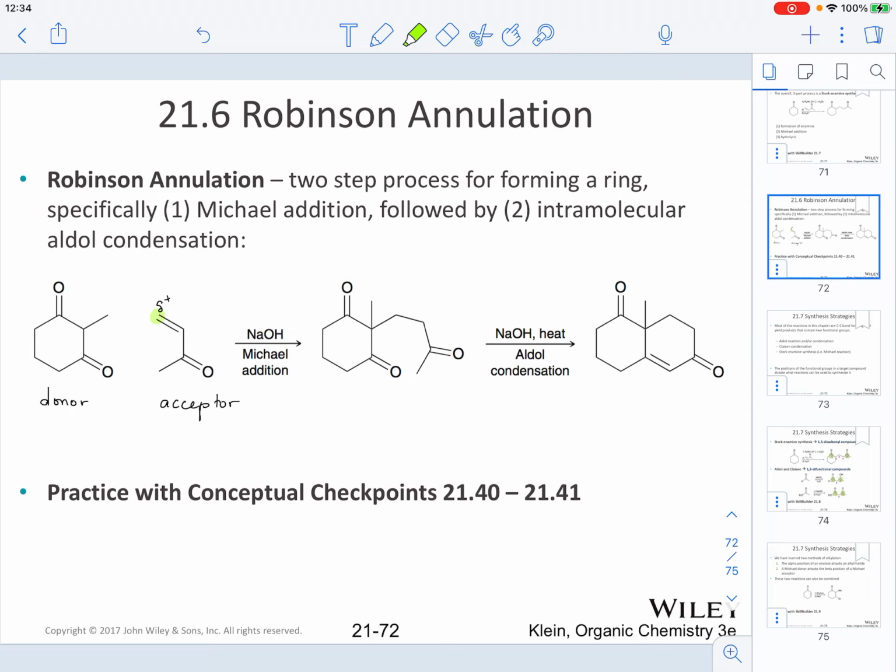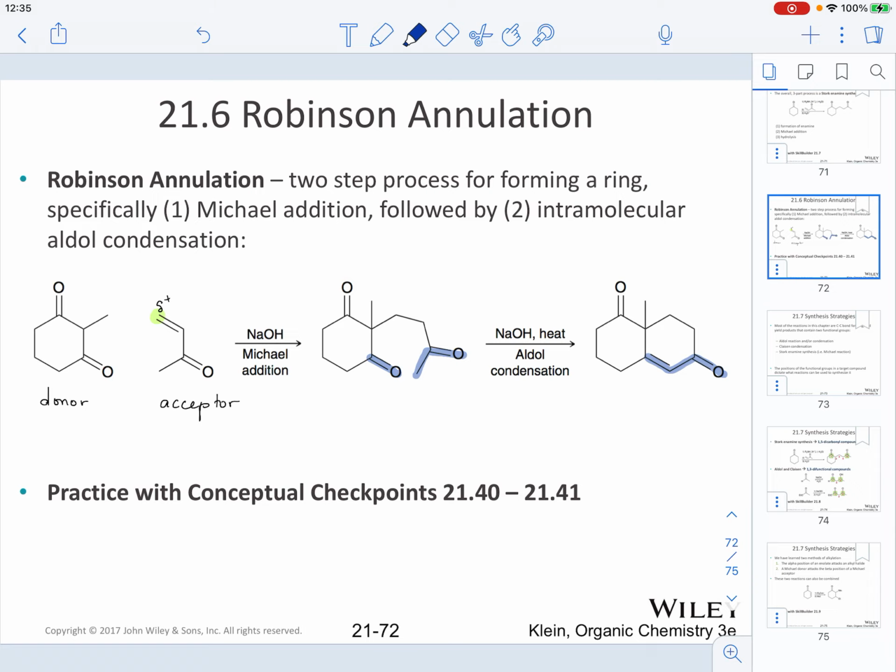Once that has occurred, understand that overall what's happening here is that within these two systems, in the presence of a base, once we heat up this system, this area and this area of our ring system are going to cyclize to give rise to this alpha beta unsaturated system.